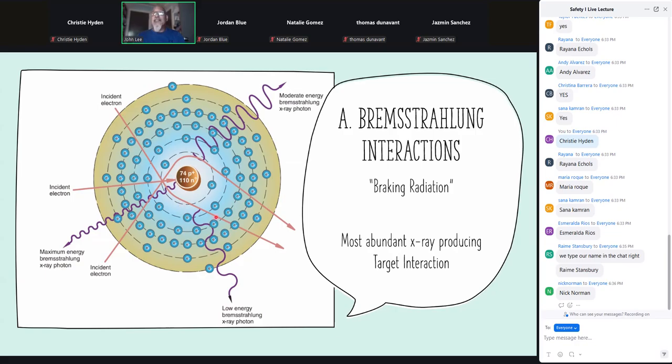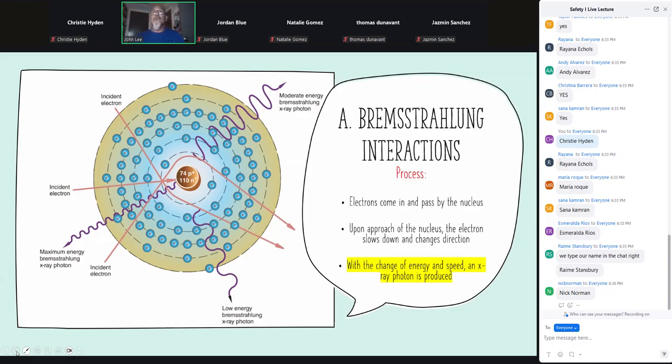So they'll still have an abundance of kinetic energy that can be given up in a later interaction. This is also the reason why the majority of X-rays produced during an exposure are of the Bremsstrahlung type interaction. So with the change of energy and speed, the X-ray photon will be produced.